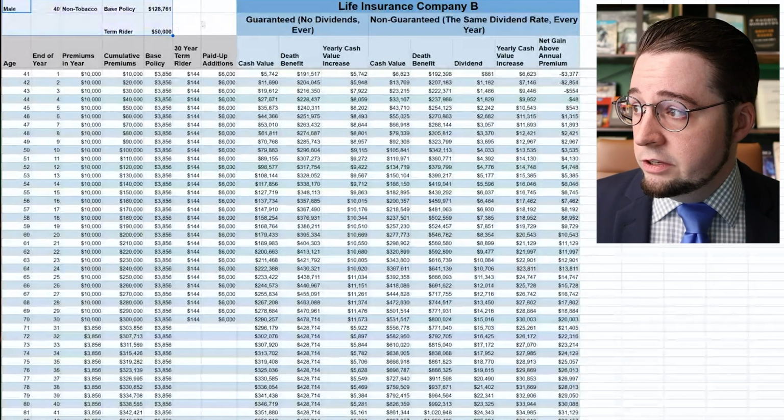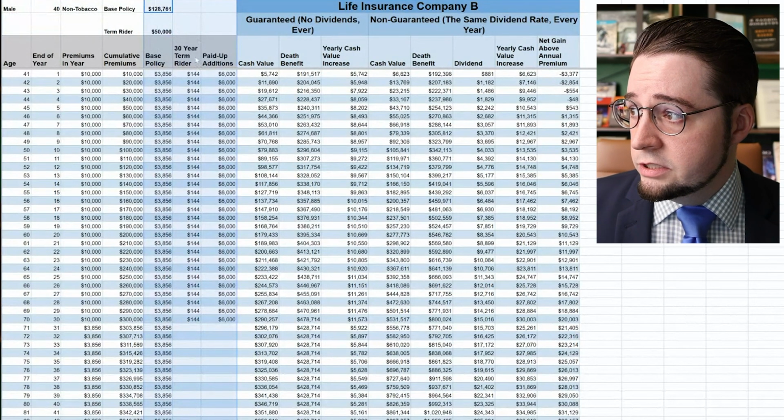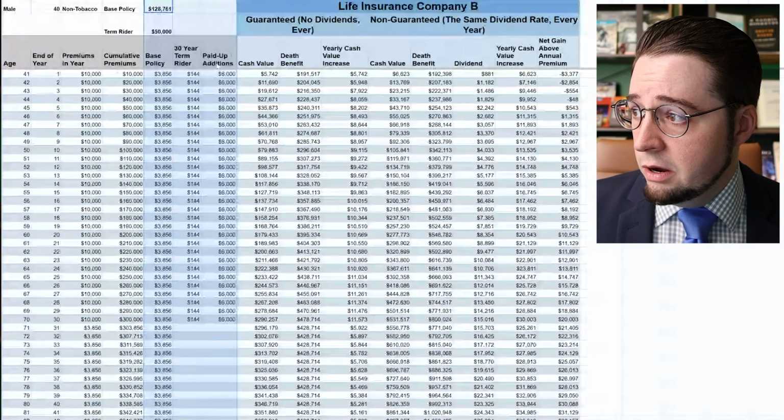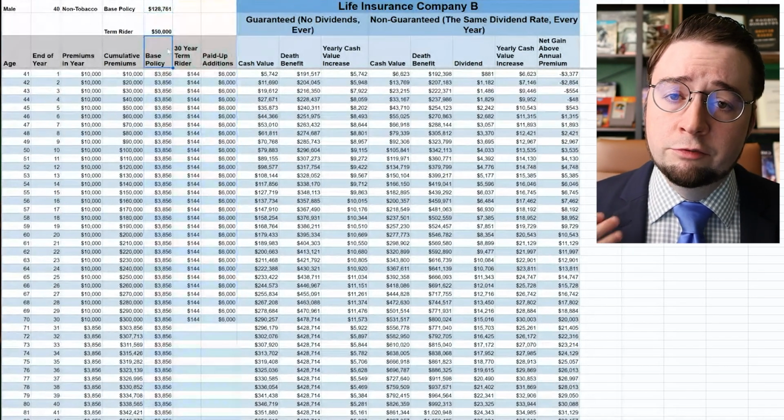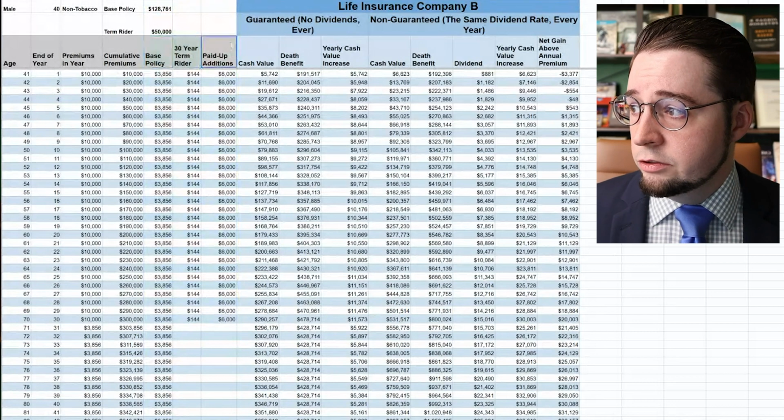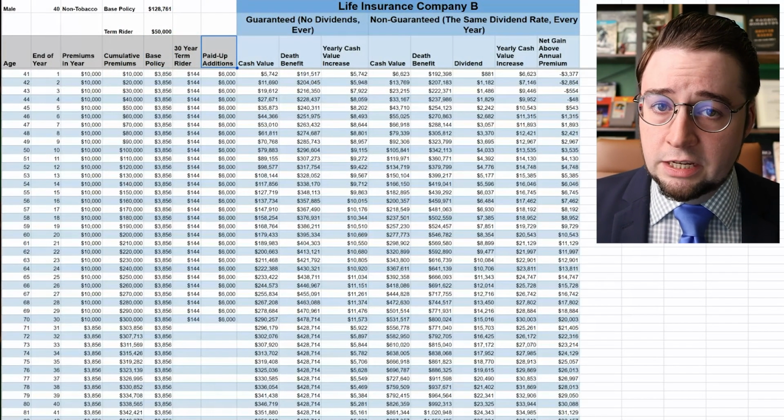So we have the same individual, the same health rating, and roughly the same premiums. I'll highlight these columns here: the base policy, the 30-year term rider, and the paid-up additions. Again, it is roughly 40% going to the base policy and the term rider, and 60% going to the paid-up additions rider.